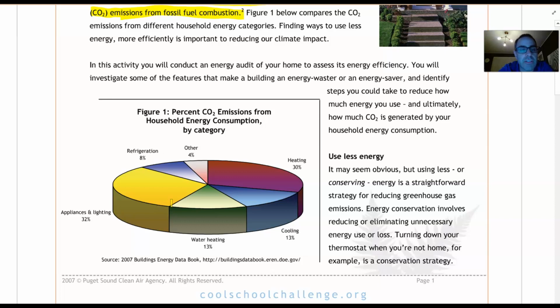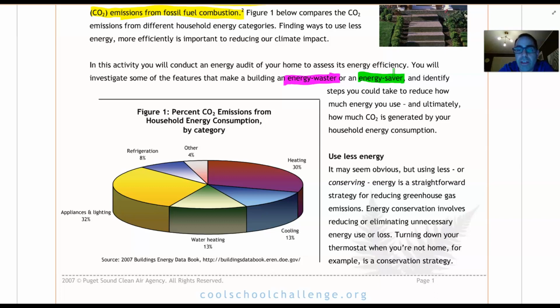You will investigate some of the features that make a building an energy waster or an energy saver. That's important. We want to see if we're an energy waster, bad, or an energy saver, good. And identify steps you can take to reduce how much energy you use, and ultimately, how much CO2 is generated by your household energy consumption.